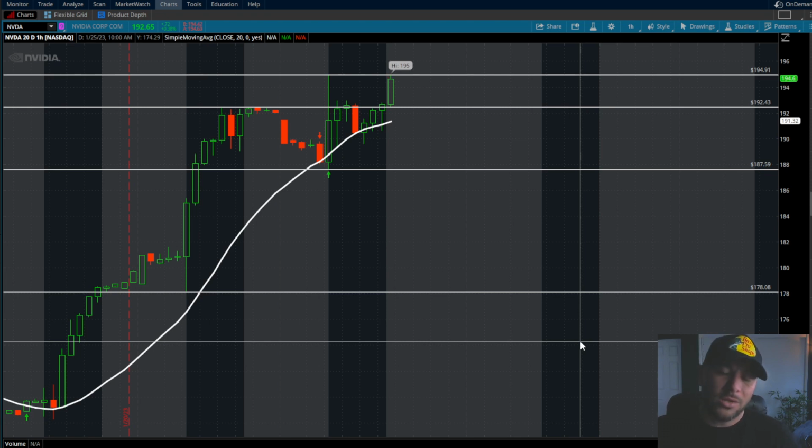To make this very simple and clear: if I'm looking for a particular setup, I'm taking it too many times, meaning every time the setup presents itself, I take the trade, or I'm trying to be a part of that move. Or I'm constantly looking at 10, 15, or 20 different stocks on my watch list, scanning through them very quickly, and I see that setup present itself, and I take the trade.